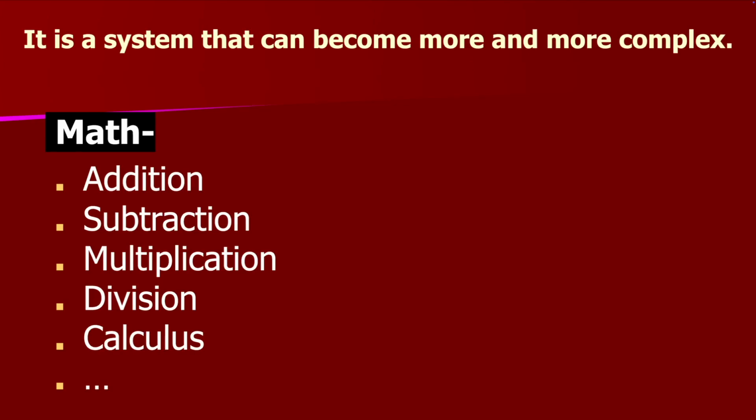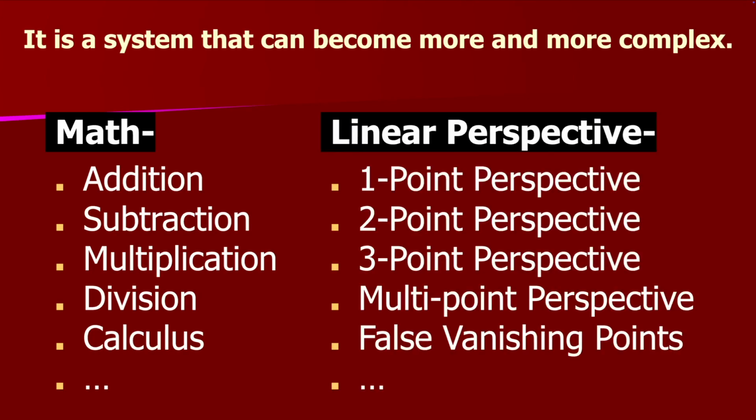So a little bit about this is linear perspective is a system just like math is. And just like math, it can get more and more complex. So you know that. You were young, you learned addition, and it's an incredibly powerful system. But then it has its limitations, and you learn subtraction, then multiplication, then division, then calculus, and so on. Perspective's the same.